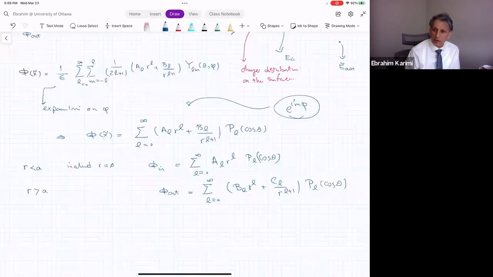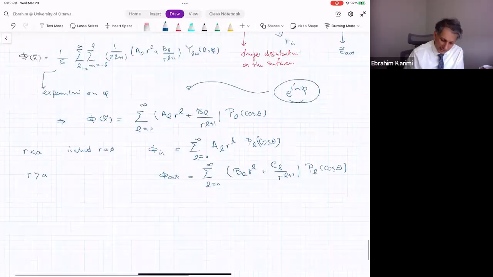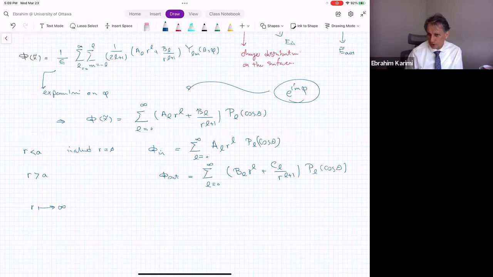Now we have to learn about the boundary conditions. What is happening with the boundary conditions? How many boundary conditions do we have for this sphere? The first one is that at R going to infinity, we have to recover the original potential that we had. What did the field look like?